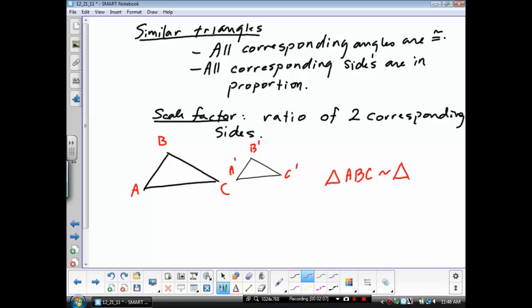So I would have A prime, B prime, C prime.